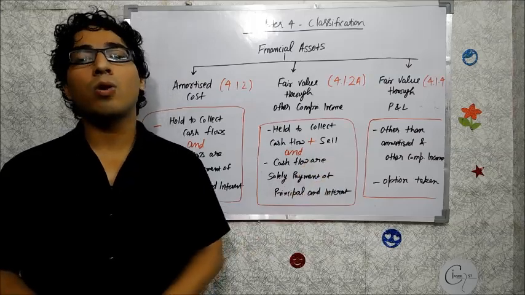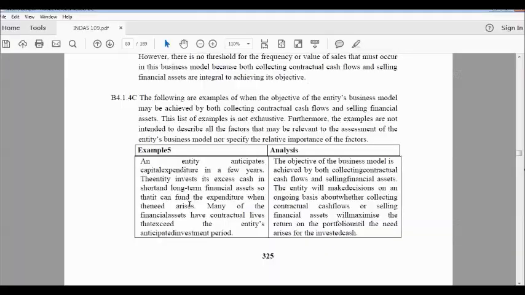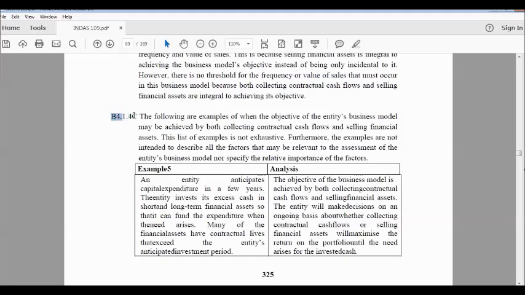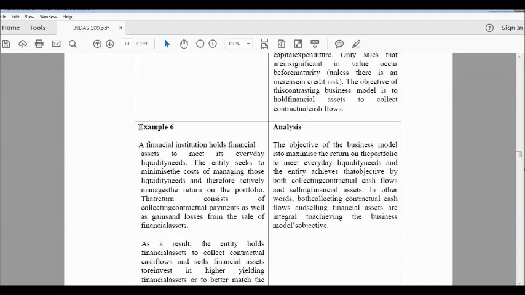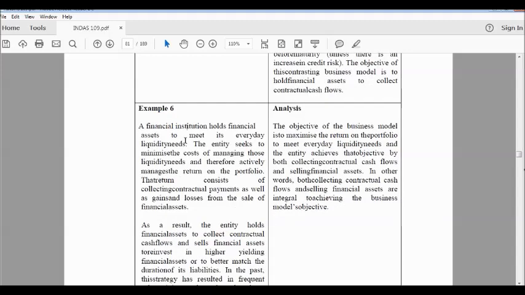An example is also given in paragraph number B4.1.4C. Example number 6 of this paragraph is an example of when you are holding the financial asset both to collect the contractual cash flow and to sell it. A financial institution holds the financial asset to meet its everyday liquidity needs.